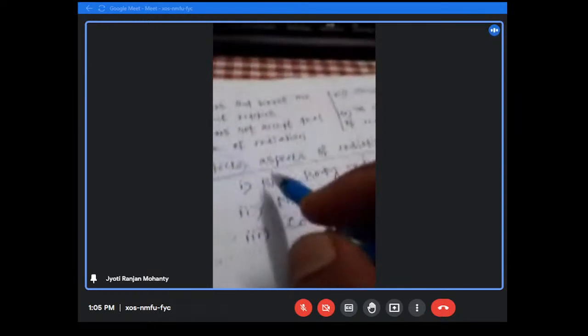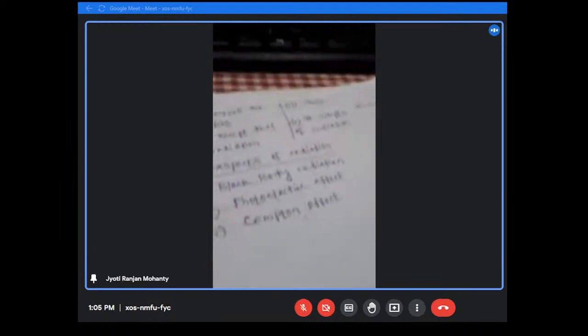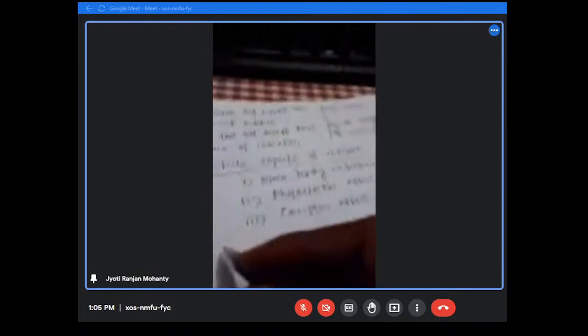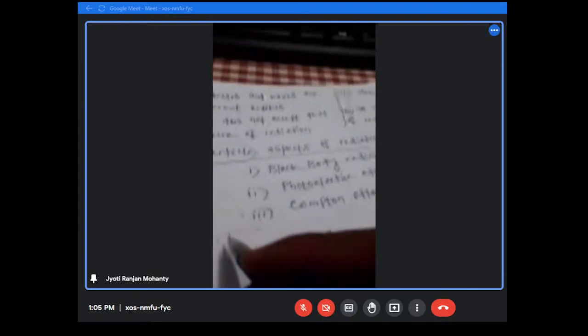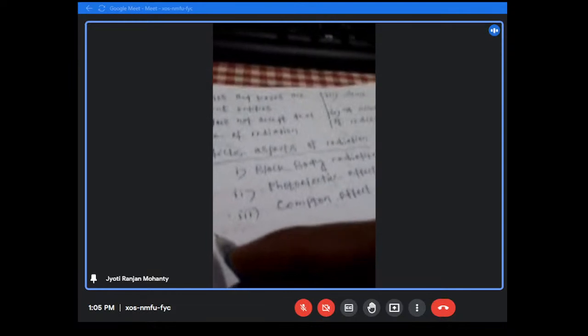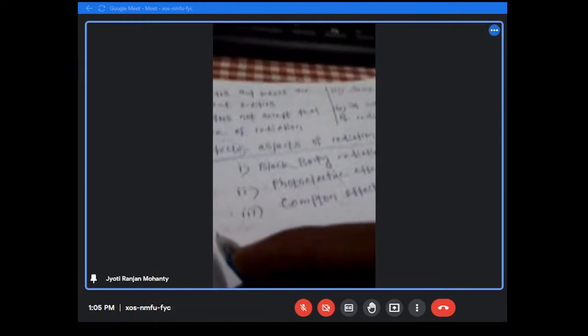So as per the new syllabus, black body radiation is not in your syllabus. Okay. Previously it was there. But I just want to say about the black body radiation. So black body means the body which absorbs light of all frequency.